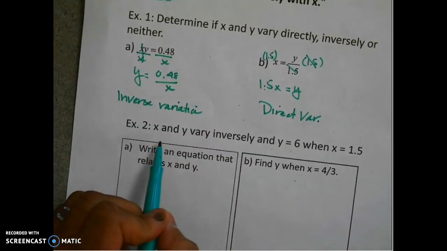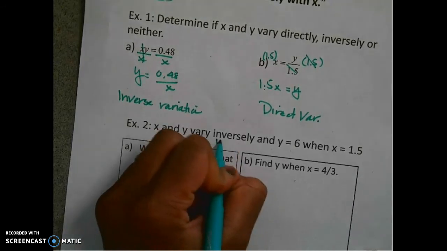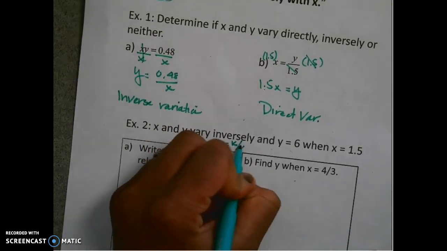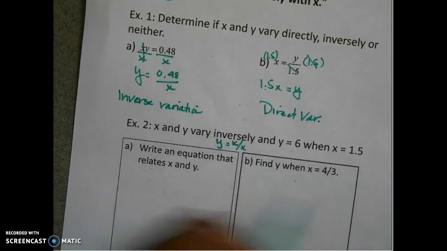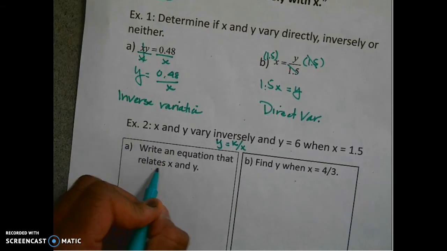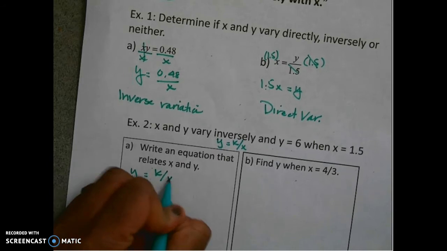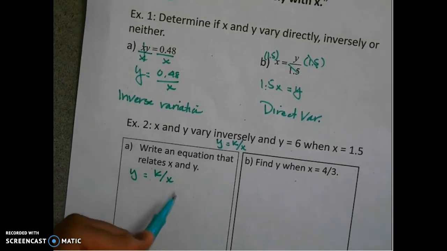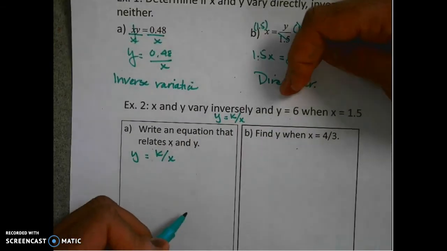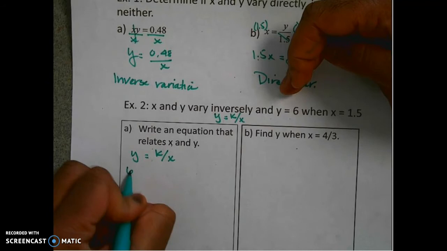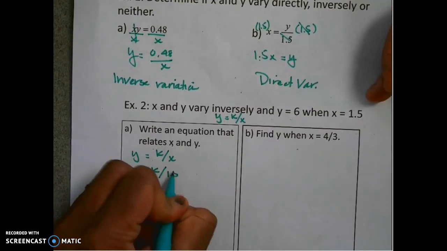Now, example 2, x and y vary inversely. For me, that triggers y equals k divided by x. And y equals 6 when x equals 1.5. Part A, write an equation that relates x and y. Well, I know my equation, y equals k over x. I need the k in order to write the equation that they're asking me for. So I'm going to use the given information. 6 is my y, equals k divided by x, which is 1.5.